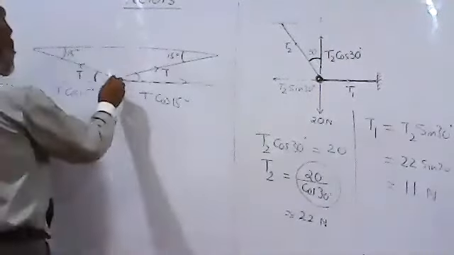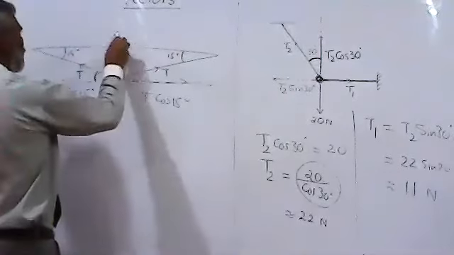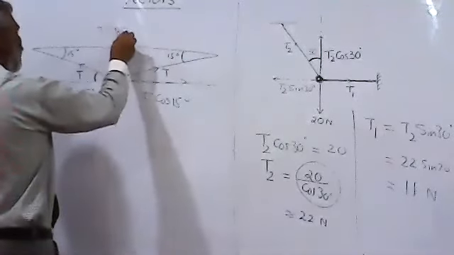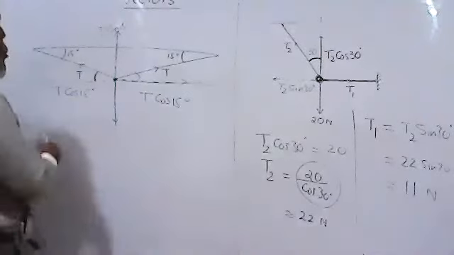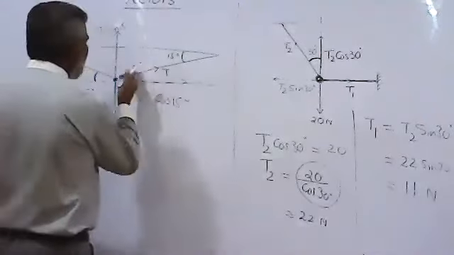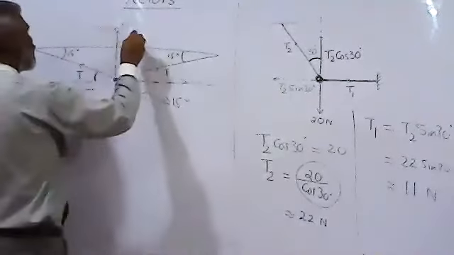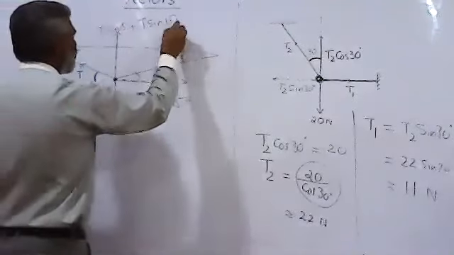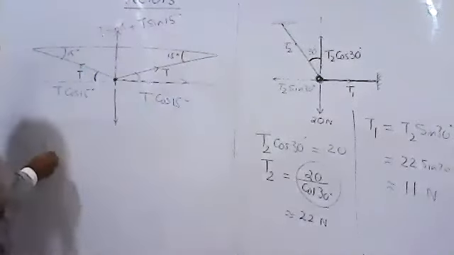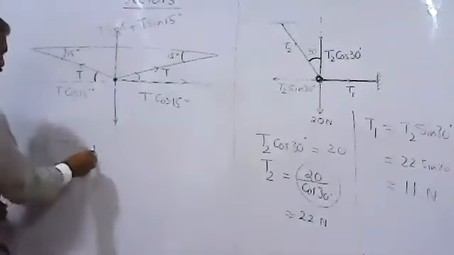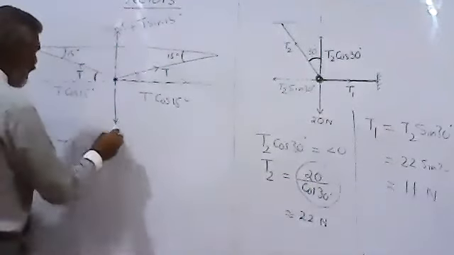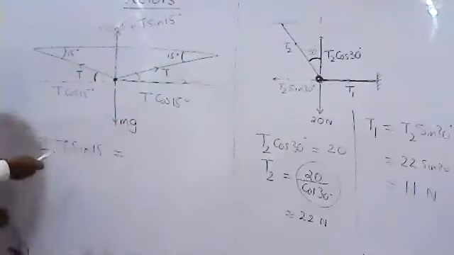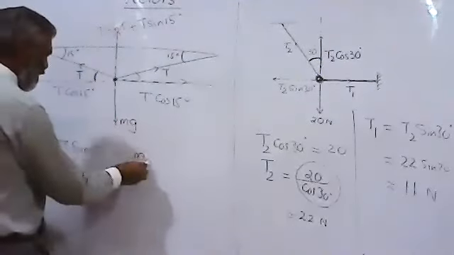But one component of this is upward, and that is T sin 15. The same component of this is also in the upward direction, so it is also added. So it is 2 times T sin 15, which we can equate to whatever weight you have supported here, and this is mg.